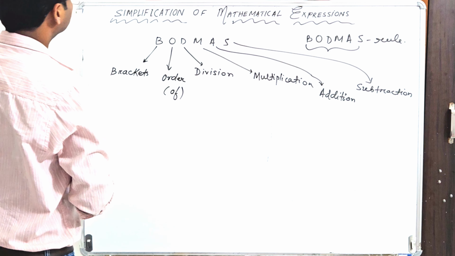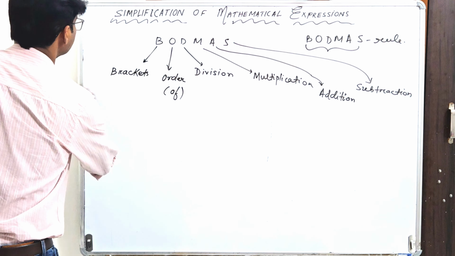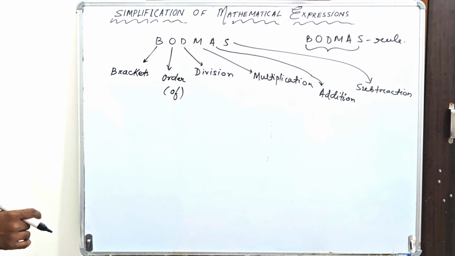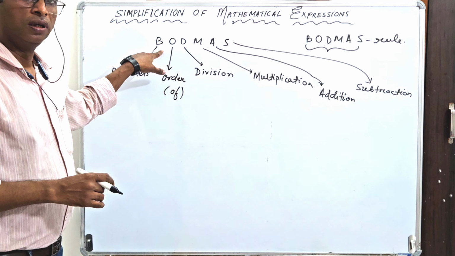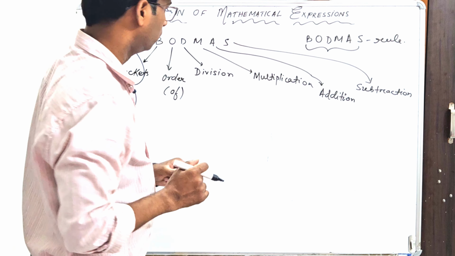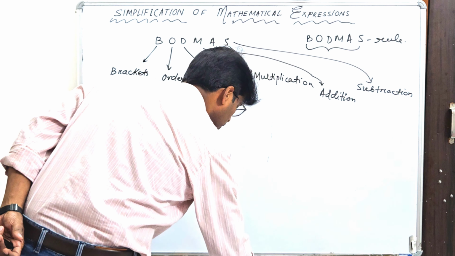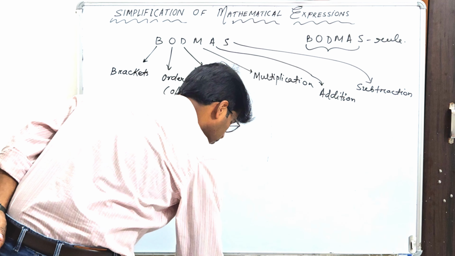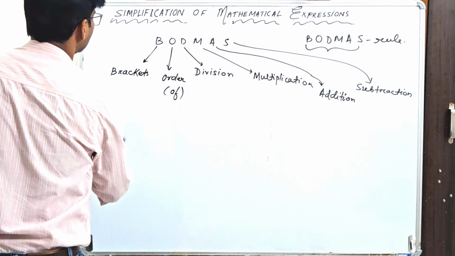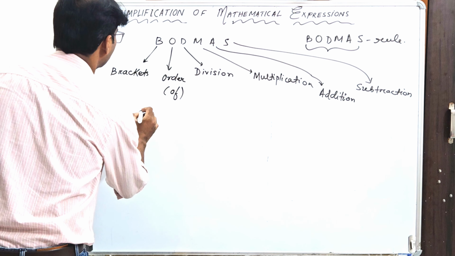So let us do one example to understand this. Otherwise, the application of this BODMAS rule will never be understood. So let us do one example. I have written a simple question here.